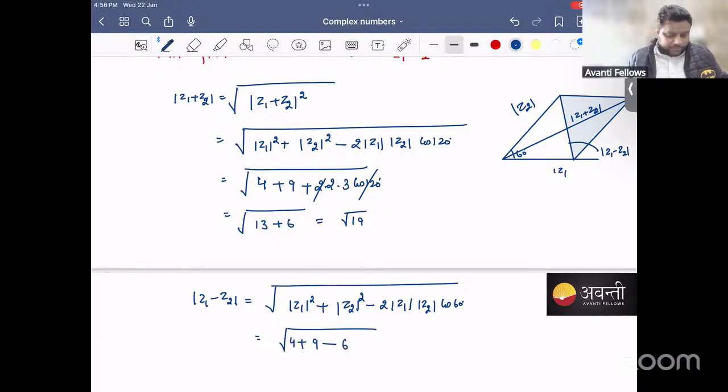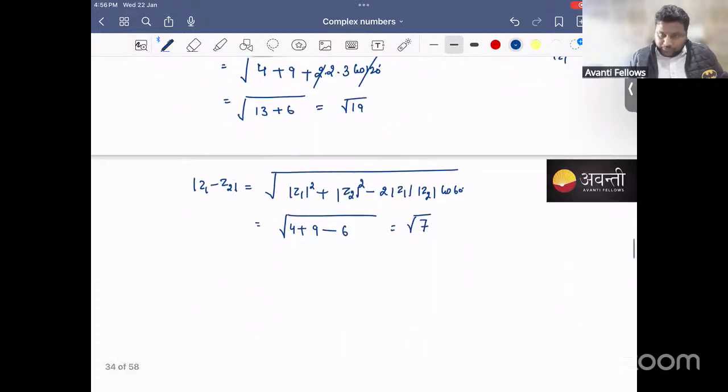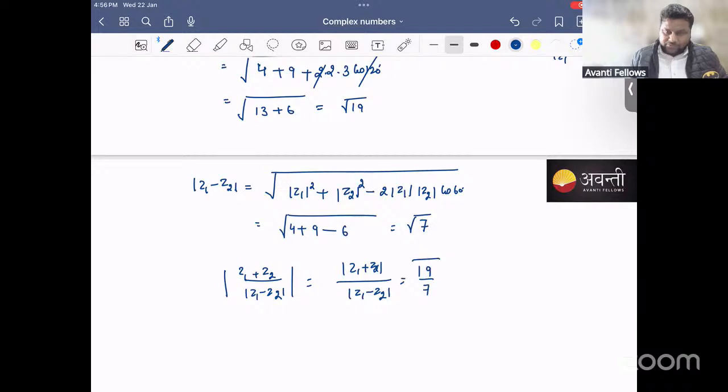Got it? So it will be under root of 7. So magnitude of Z1 plus Z2 upon Z1 minus Z2 mod is mod of Z1 plus Z2 upon mod of Z1 minus Z2, that is under root of 19 by 7. Understood?